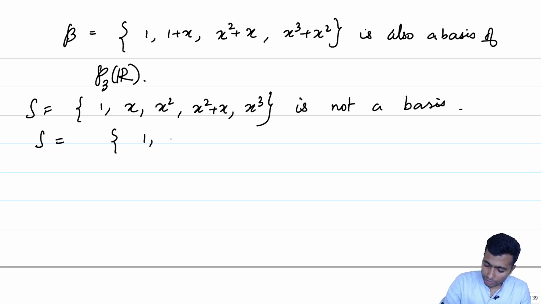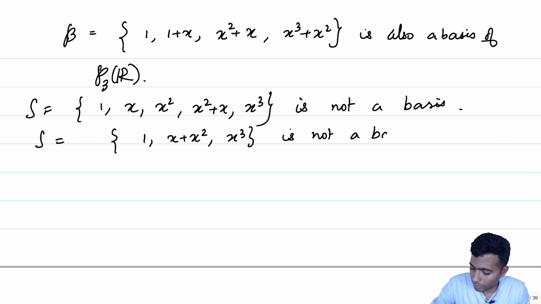Similarly, if you look at 1, x plus x square and x cube, this is also not a basis, though it is linearly independent, because it is not a spanning set.